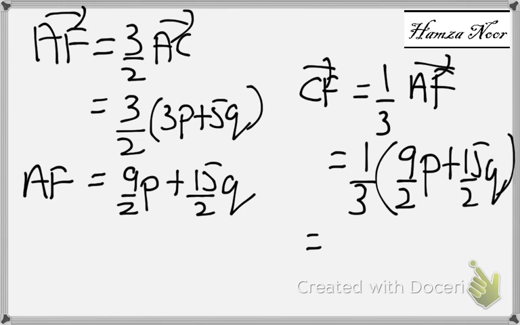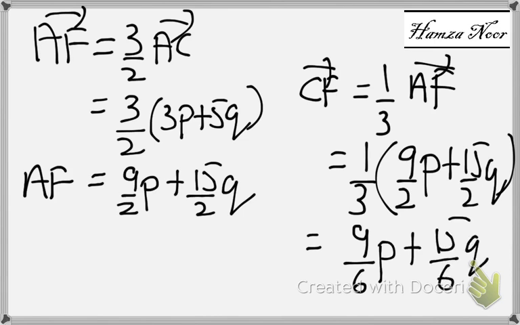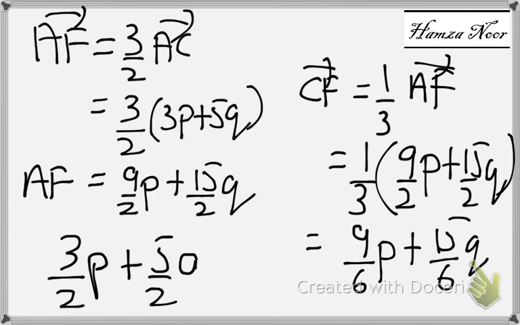So this will go like this: 9 over 6 p plus 15 over 6 q. 9 over 6 will be equal to 3 over 2 p, and 3 times 5 is 15, 3 times 2 is 6, so 5 over 2 q.